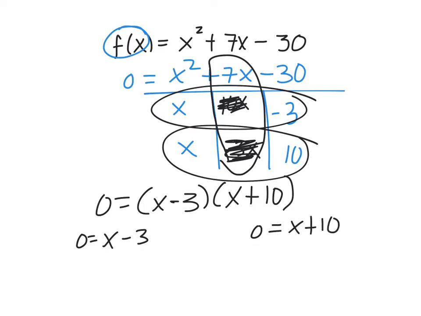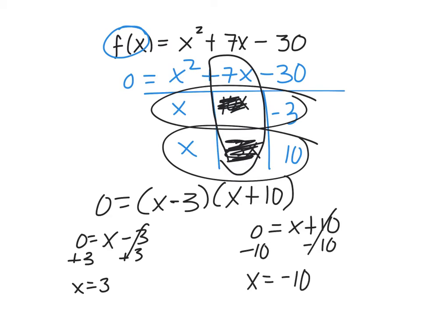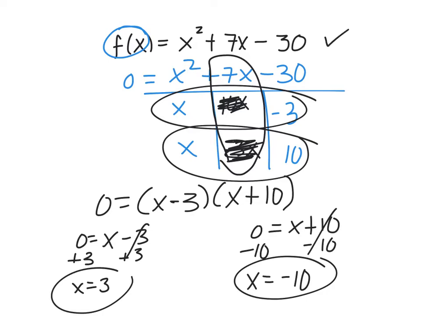When you solve for x, you basically isolate the variable, so you move the 3 over. Here we have x equals 3, positive 3. And over here, when we subtract 10, we get x equals negative 10. Those are my x-intercepts for this quadratic.